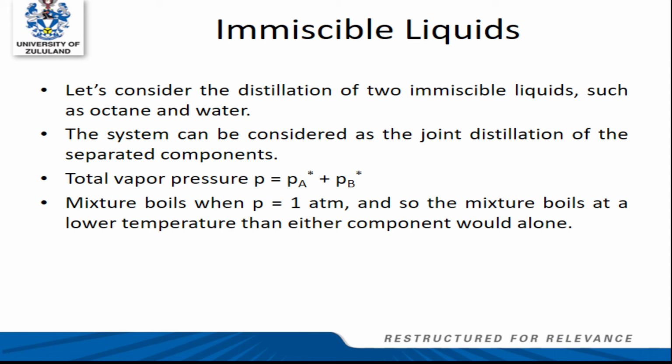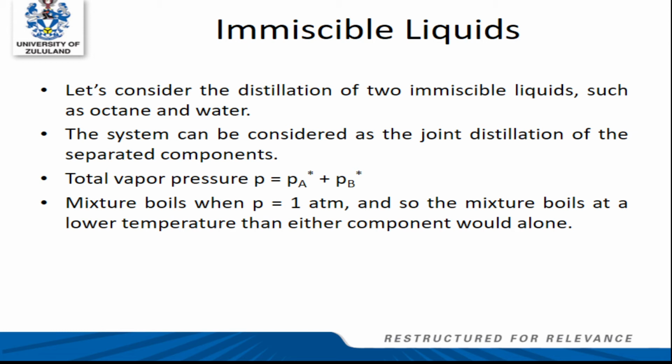This type of liquids, the immiscible liquids, normally boils when the pressure is equal to 1 atm. And the mixture boils at a lower temperature than either component would allow. In summary, when we have immiscible liquids, it is possible to distill them, and it is also possible to boil that mixture of liquids.